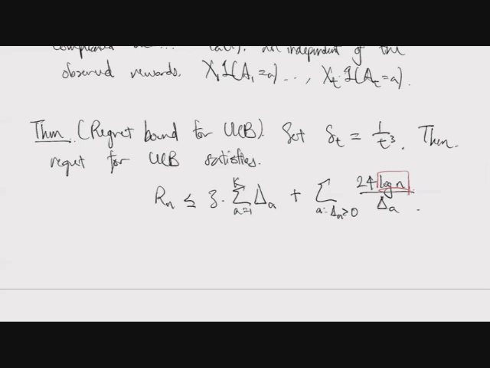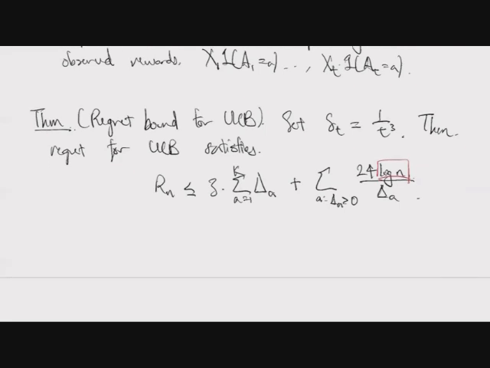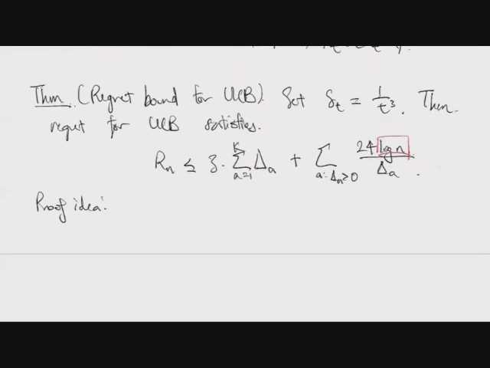I just want to give some intuition for how the proof works. It's actually very intuitive. It's based on the following observation. We only incur some additional regret at every round if we pick a suboptimal arm during that round, and so we need to examine when that happens.